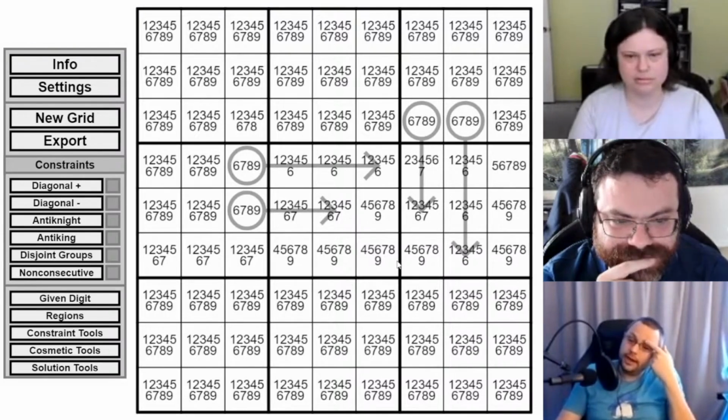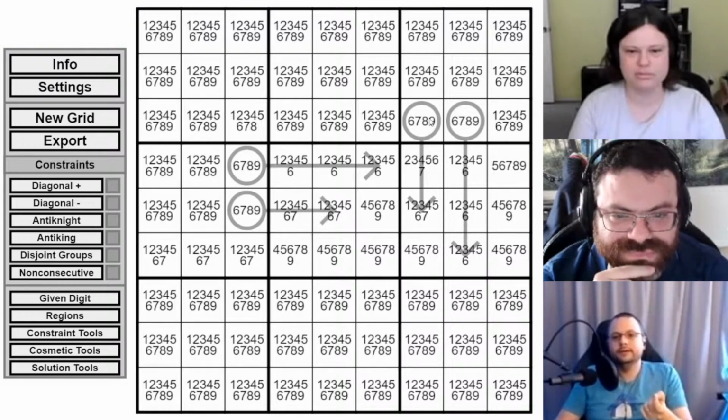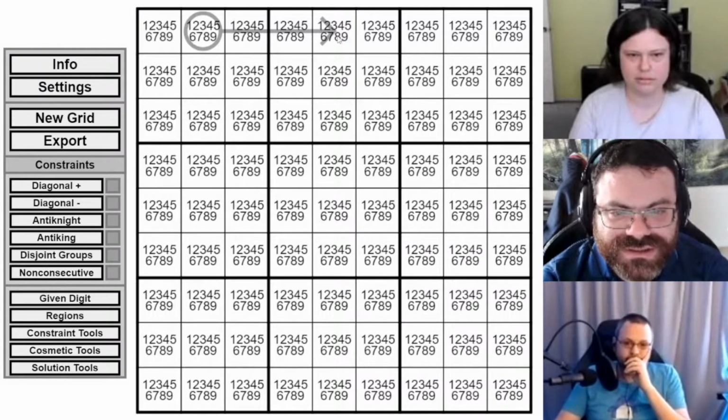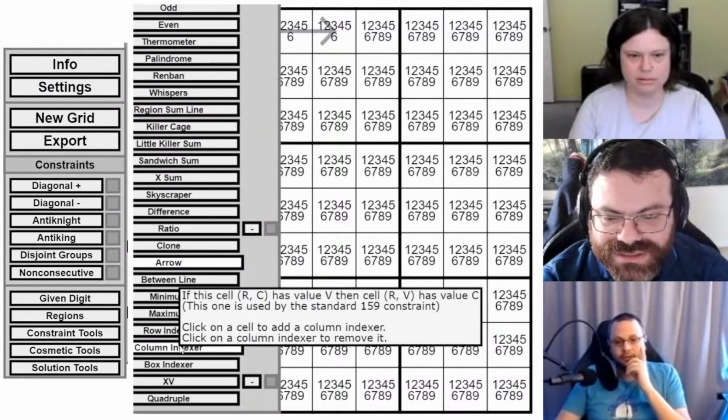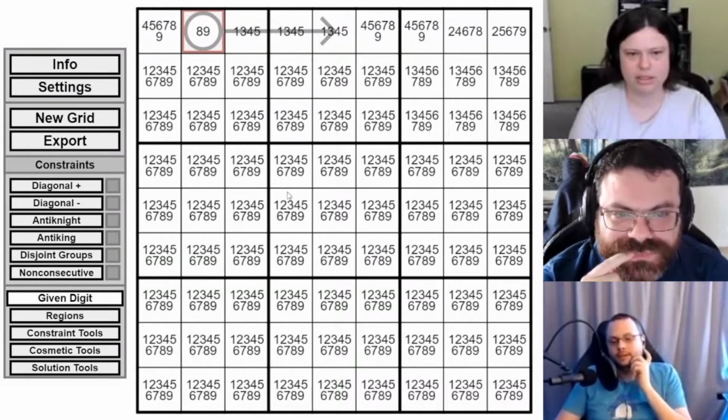Is that true? Oh no, it's not. You only get the deduction with 1 if the circle is in row 1 or column 1. Yes, that's how that worked before. Now, what's interesting though is even this here is kind of interesting because the 2 is now forced off of it. Right. That is interesting.